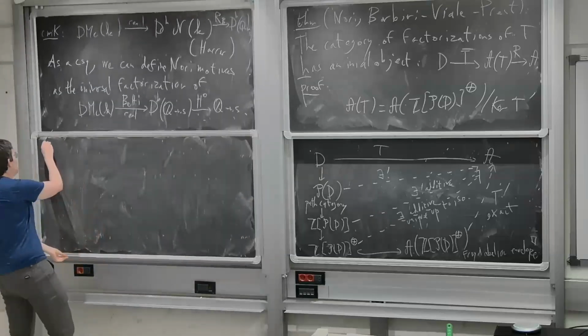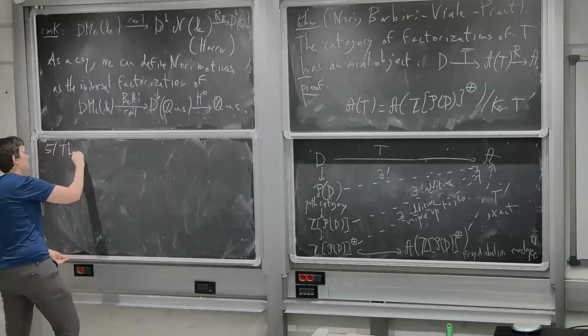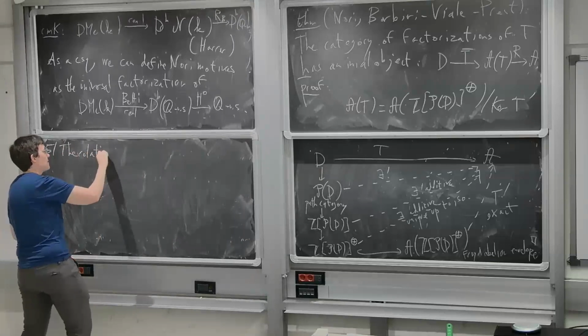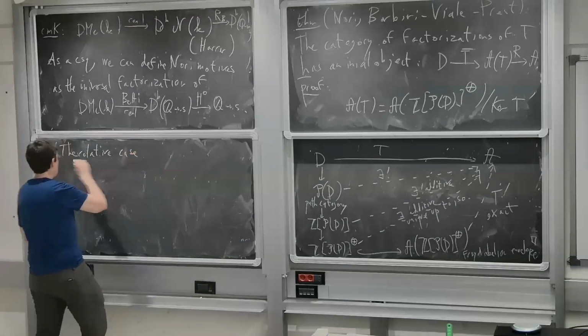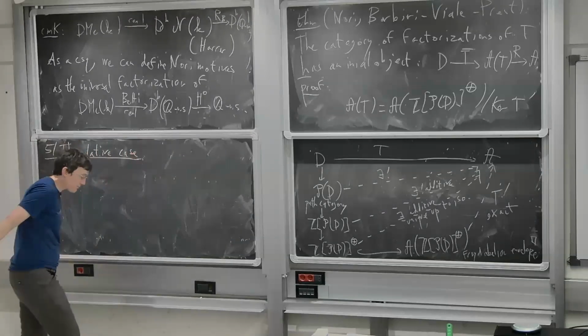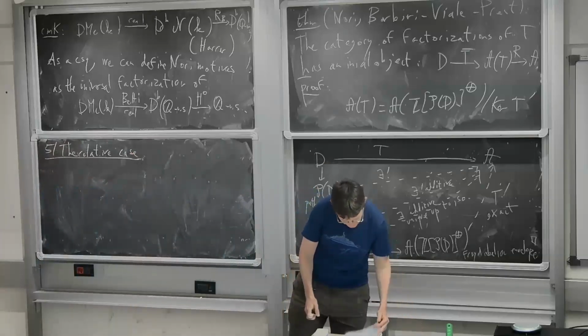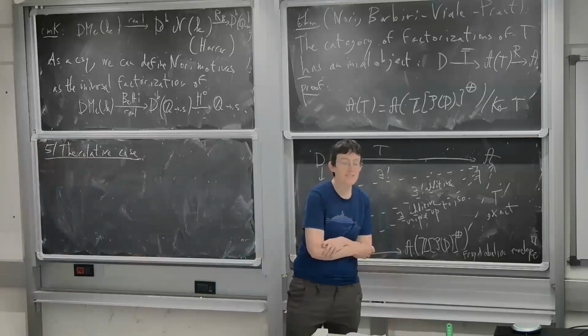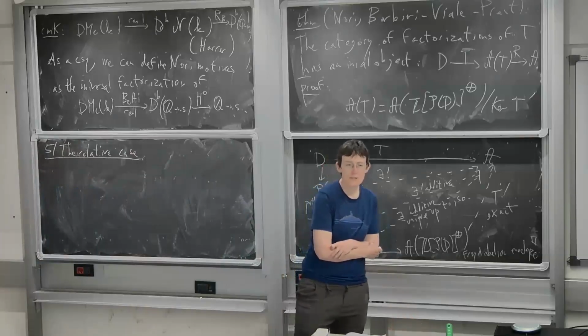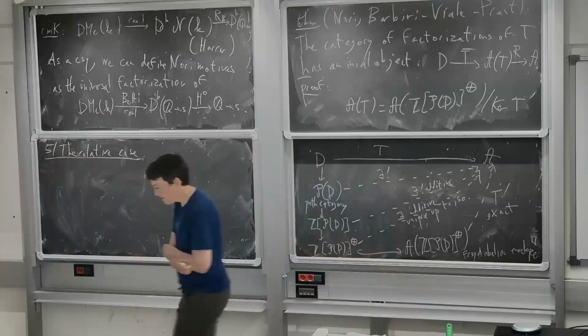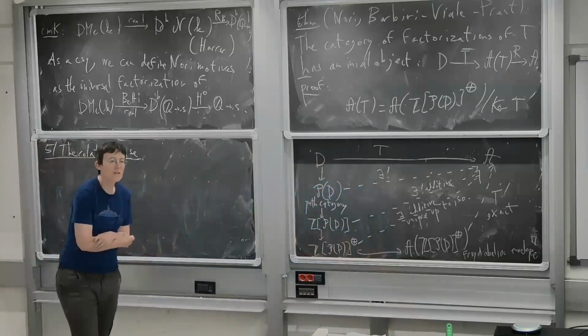So, relative motives. In the relative case, it only works in characteristic zero, because you're using the Betti realization. Okay, but is there no approach to do this for characteristic P?